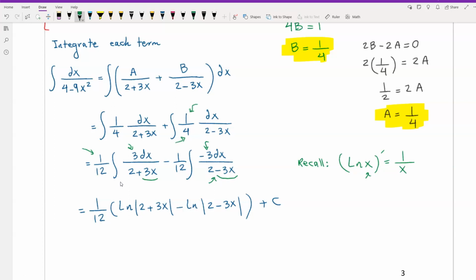So I have negative 3 here, and negative 1 over 12 outside of the integral. So integrating that part, we're going to have negative natural log absolute value of 2 minus 3x, and then I have a constant, so plus c. So this is our final answer for this part.